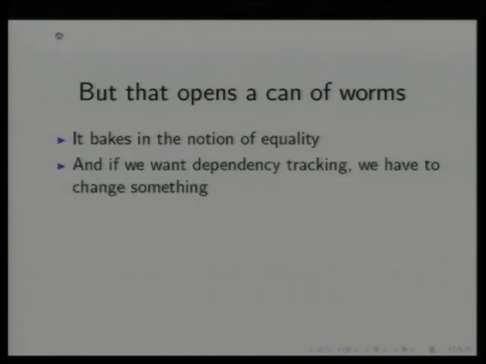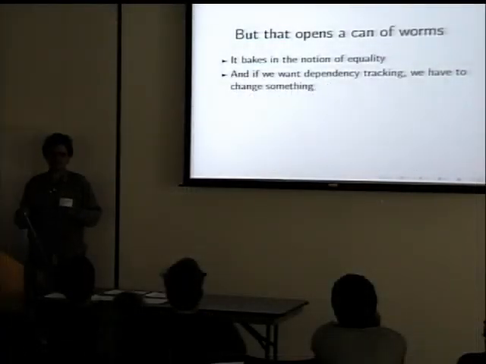And now if you want to track the dependencies, you have to change the equality, or you have to change the cells. And you could get this nasty situation where the cell used to have a 6 that is justified by decision A and decision B. But then something else came around from somewhere and said, well, actually, you don't need decision B. It's a 6 justified by decision A. Well, you kind of want to throw the old one away and get the new one.